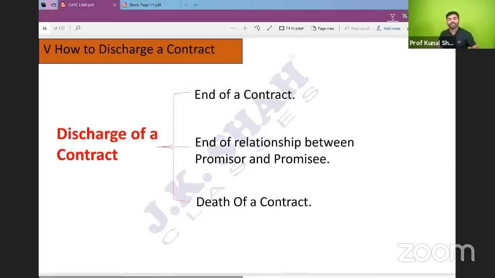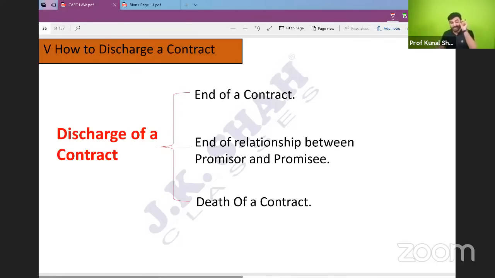Whenever I talk about discharge of a contract, does that mean it's the beginning of a contract? No, it's not the beginning of a contract. It is actually the end of the contract. Over here, discharge of a contract means end of a contract.